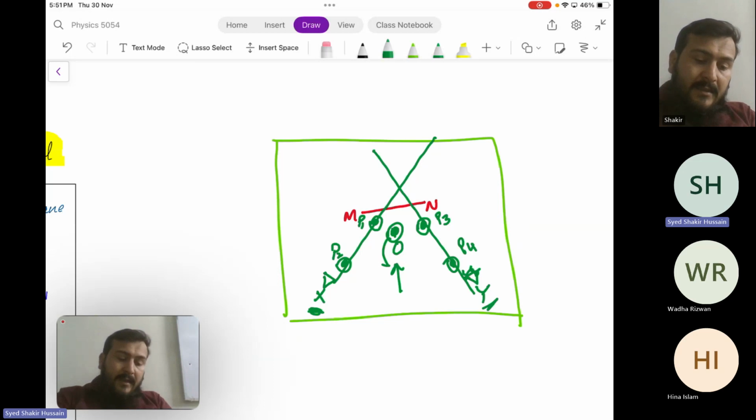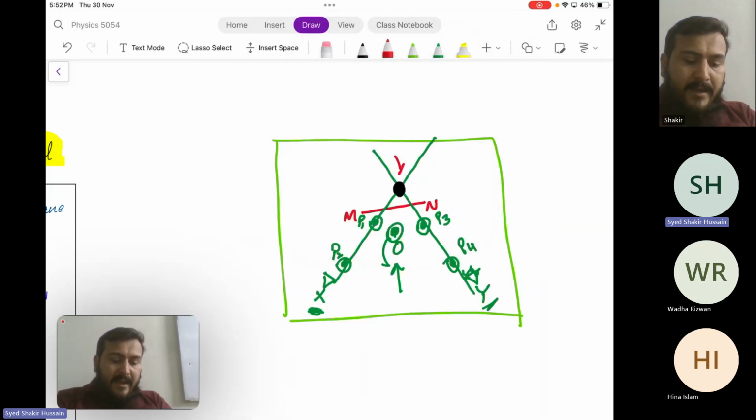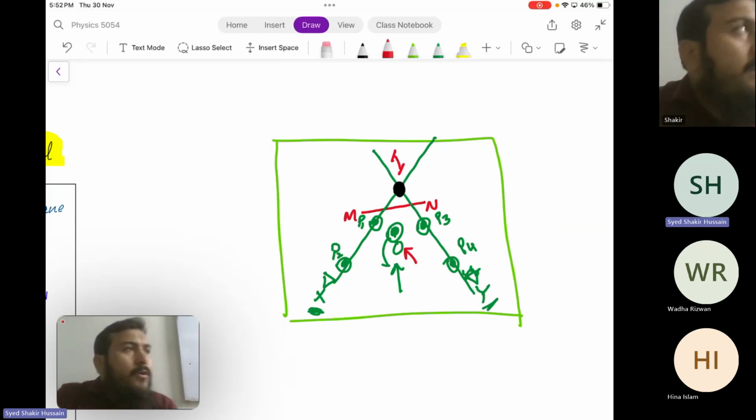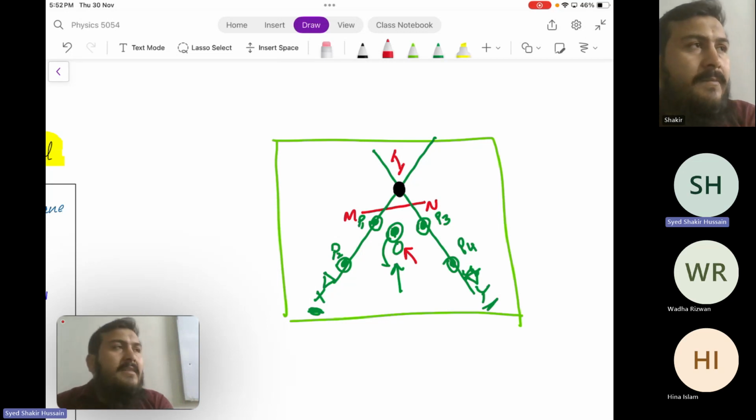You would see that this is the point where the two lines intersect or meet. The point where the two lines meet is the image of O. Got it?